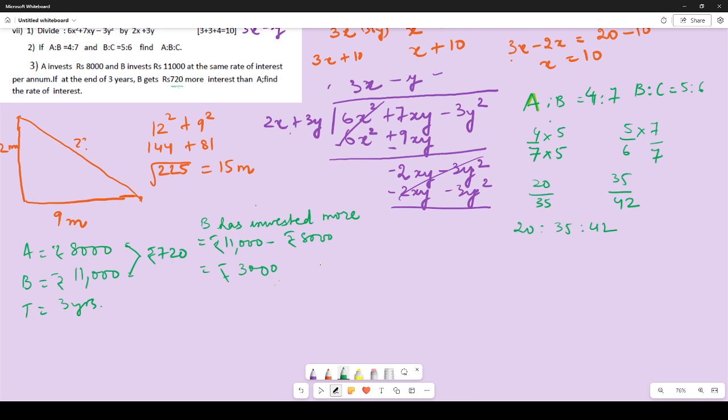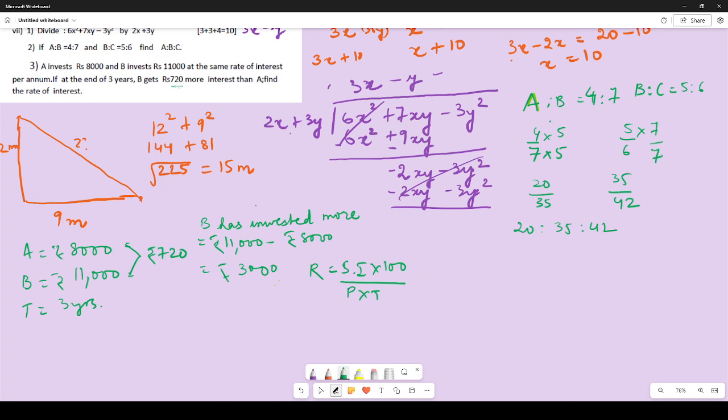So we now have our data. So now rate is equal to SI into 100 by P into T.